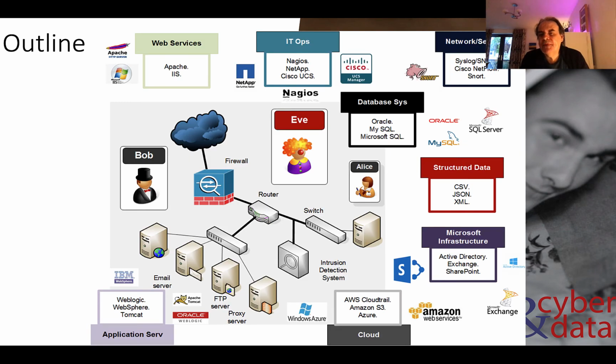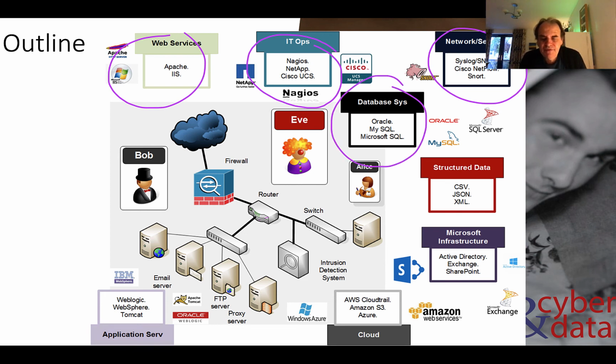And the big problem is that most networks have some horizontal and vertical stack. So we might see Apache or IIS for web services, for IT ops. We might have NetApp for network security. We might be using Syslog or Cisco NetFlow and Snort. And we have different databases, different data structures.